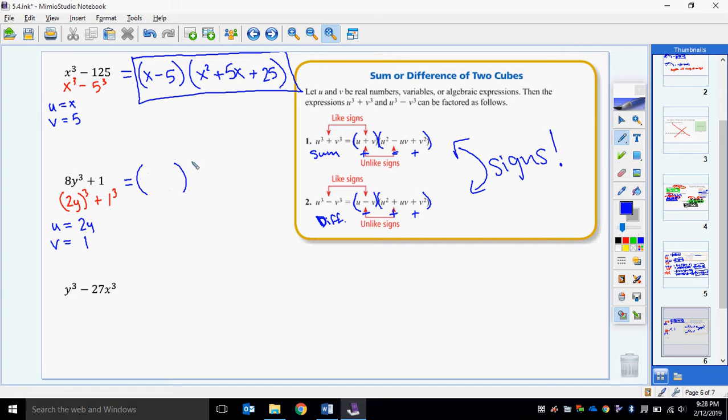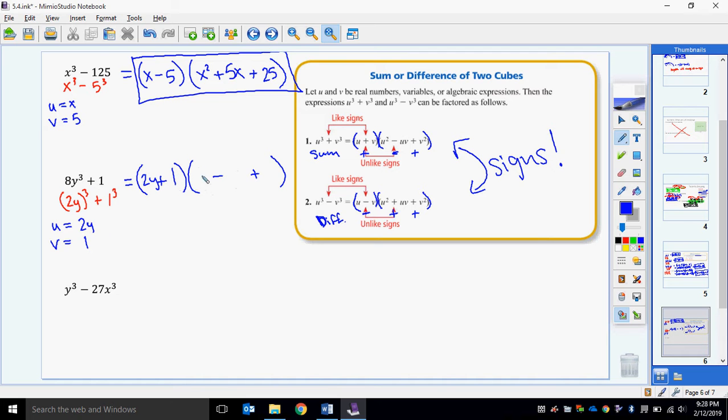Let's fill into our pattern here. This time we're summing the cubes. There's an addition sign, so it's going to go plus and then minus and then plus. And let's fill in our first binomial with the u plus the v, so 2y plus 1.